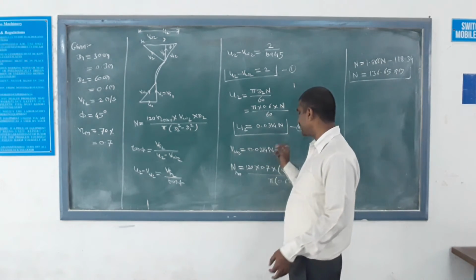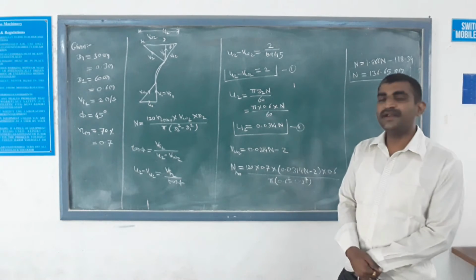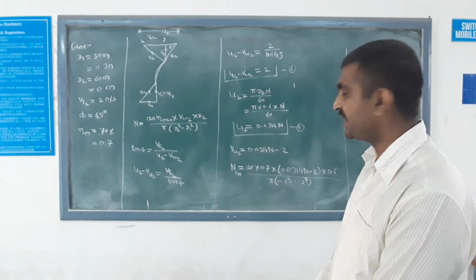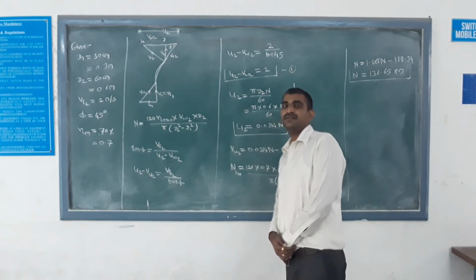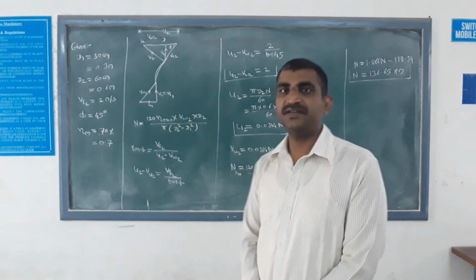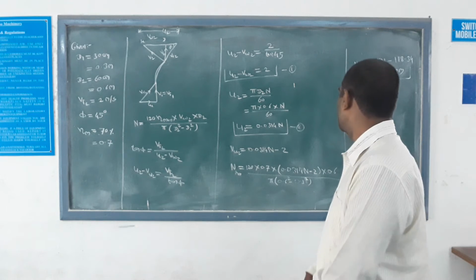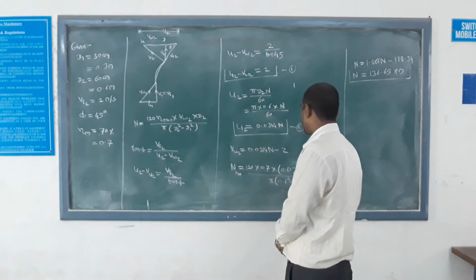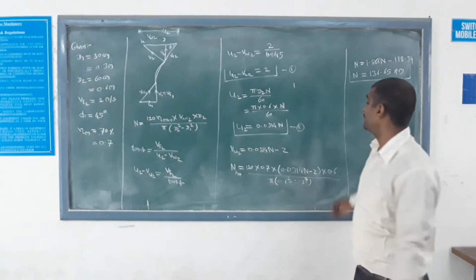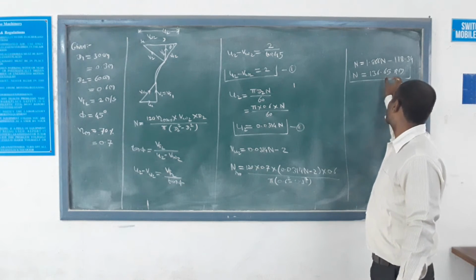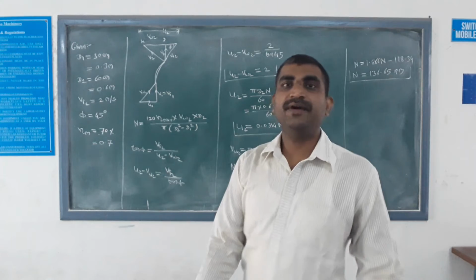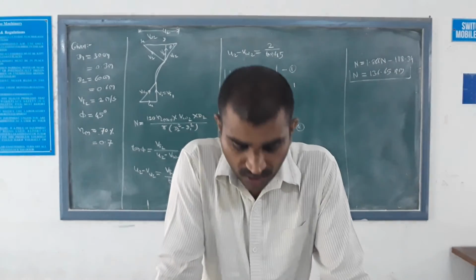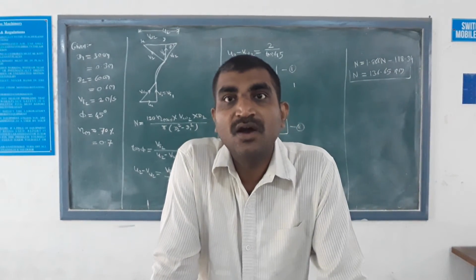So we get VW2 also in the form of N. Put this value in the main equation of minimum speed of the centrifugal pump. After solving, we get N equal to 136.65, because only N is unknown. This is the minimum starting speed of the pump.